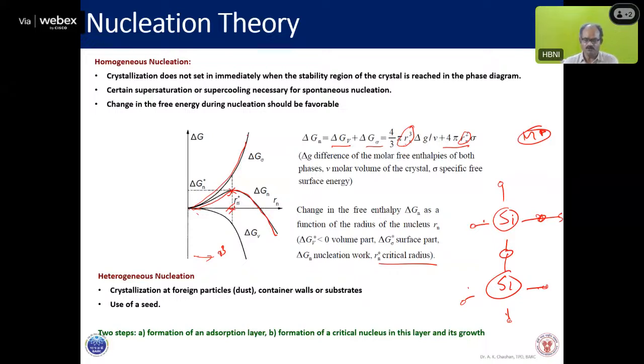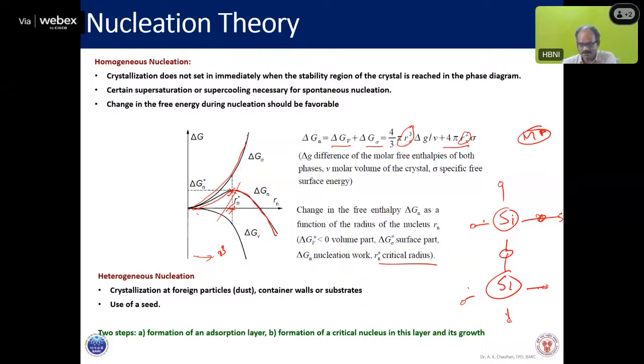Heterogeneous nucleation means you don't need this condition, because some solid is already there. Those can be foreign particles, dust, the container wall, which is also solid, or some kind of substrate where it will crystallize.